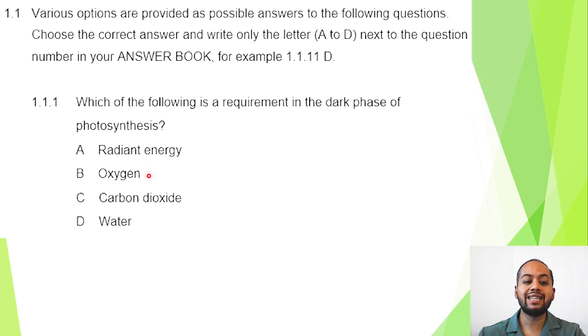Oxygen is released as a product of photosynthesis. It's released during the light phase. Carbon dioxide is a requirement for the dark phase. Water is a requirement for photosynthesis, but it's not required in the dark phase. Therefore, the correct option is C, carbon dioxide.